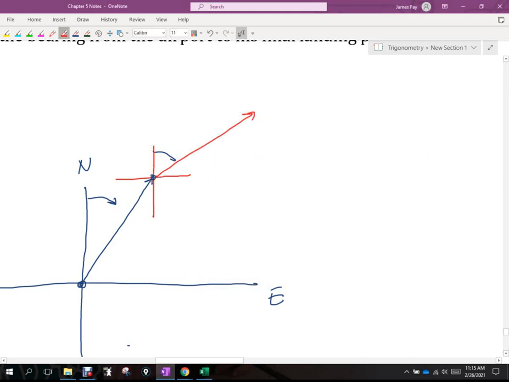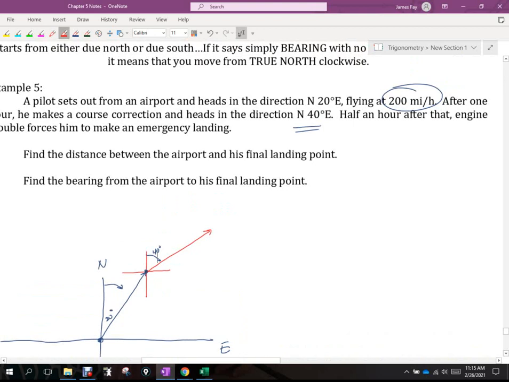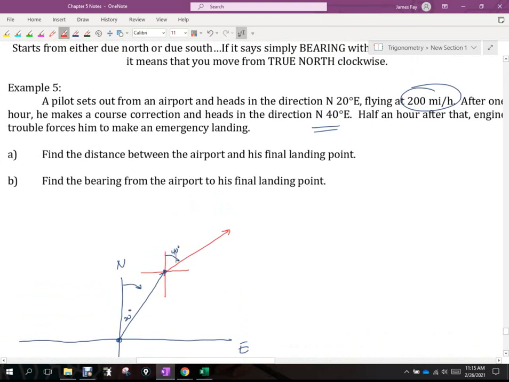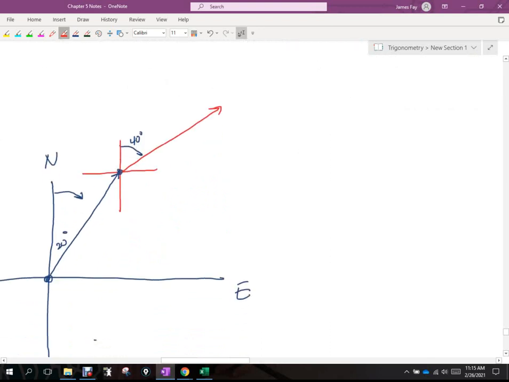So this one here, this was 20 degrees right there, correct? Okay, 20 degrees. This angle right there is 40 degrees. It says after a half hour of traveling on this final direction, he has to land. And it doesn't tell us how fast he's going in this final red direction, so we're going to assume that's still the 200.